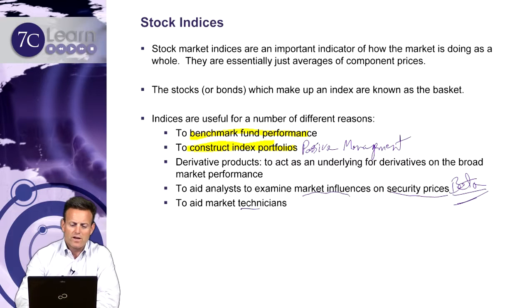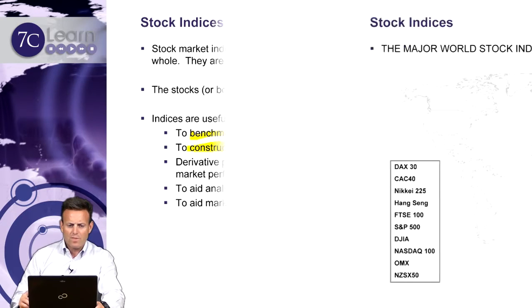Also, market technicians. We talked a little bit about technical analysis. A lot of times people are looking at indexes to determine whether the market as a whole is feeling relatively strong, relatively weak, is overbought, oversold, those types of things that would be other applications or uses of indexes.